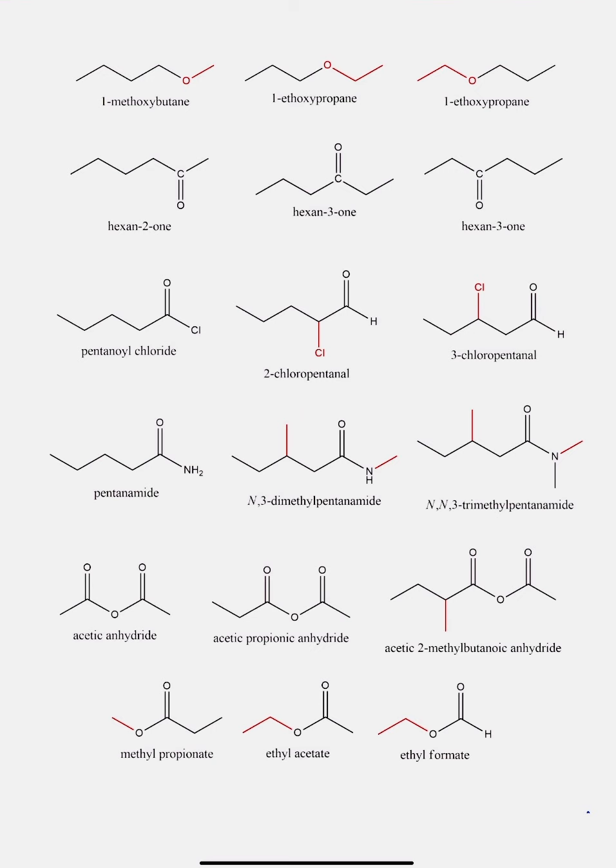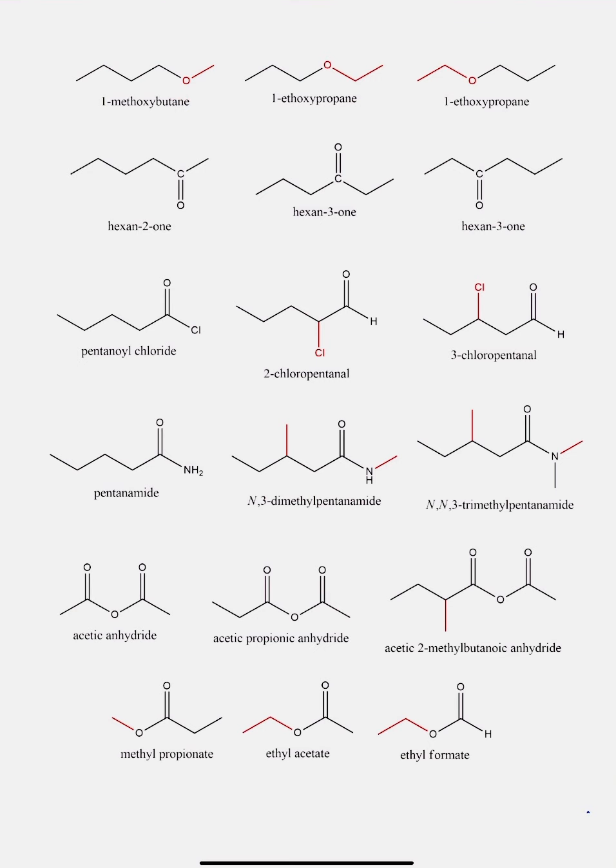Here you have this ether to which there is a methoxy group attached, because OCH3 is methoxy, which is attached to this long chain which has 1, 2, 3, 4 carbons. So it's butane, and on butane we have a methoxy group attached. And to which carbon is it attached? Let me start numbering.